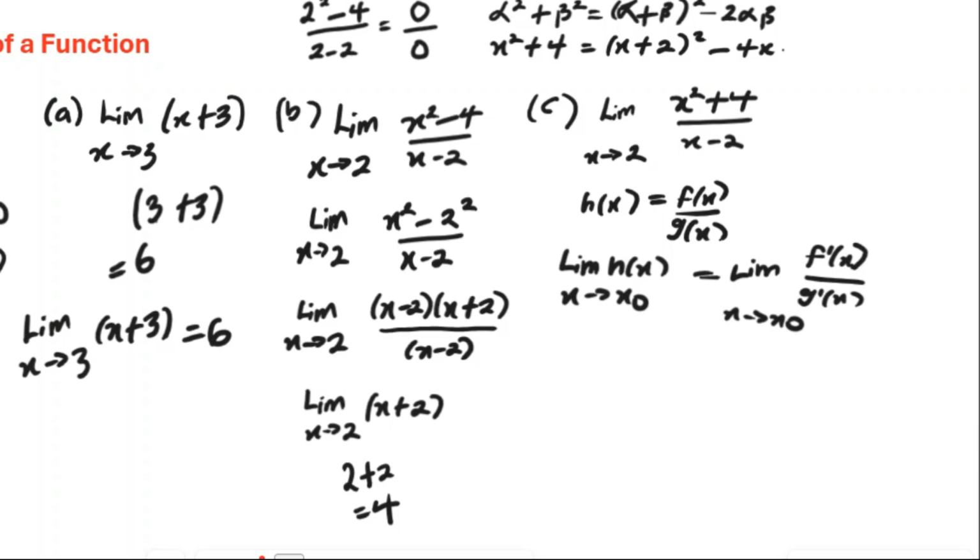So what it means is that L'Hospital's rule simply means that you differentiate the numerator. The numerator here is f of x. When you differentiate f of x, you get f prime of x.